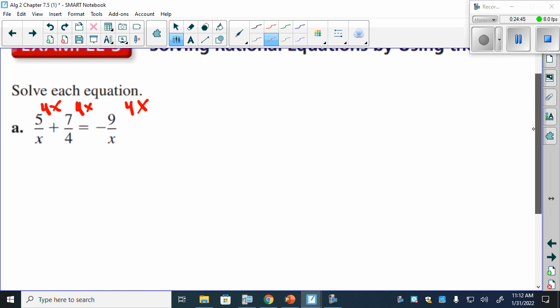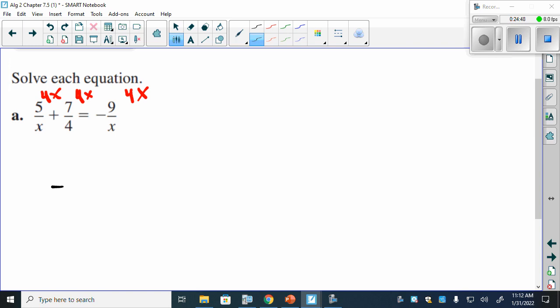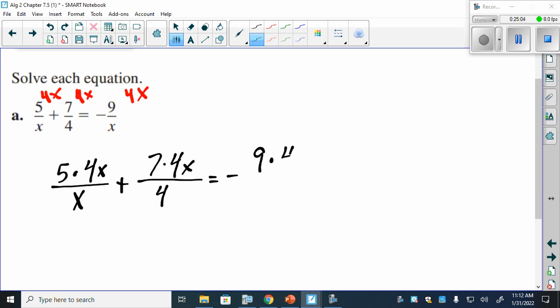And if we do this, let's see what happens. In the first one, we're going to have 5 times 4x over x, plus 7 times 4x over 4, is equal to negative 9 times 4x over x. In our first rational expression, the x and x cancel. In the middle one, the 4 and 4 cancel.